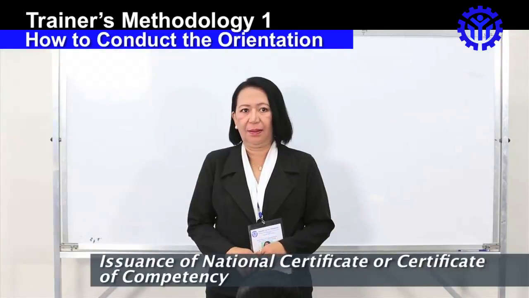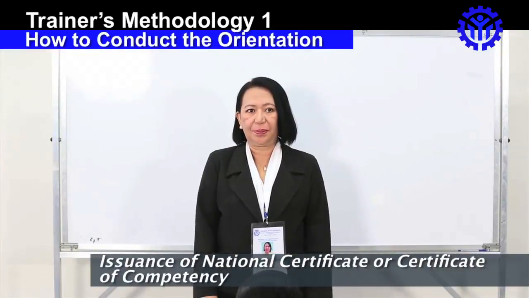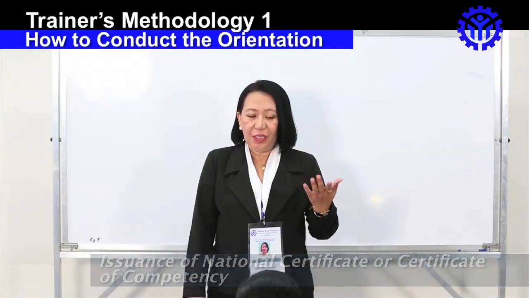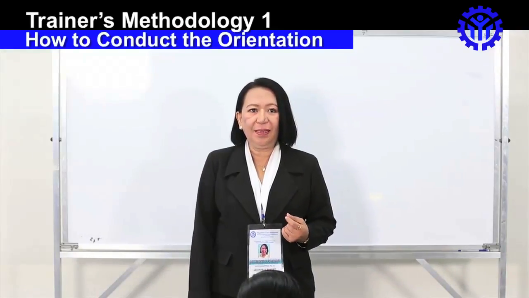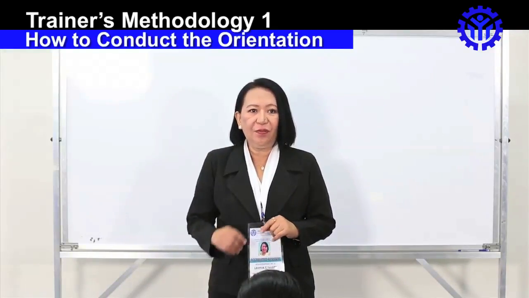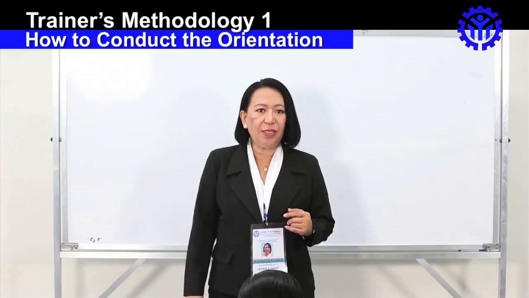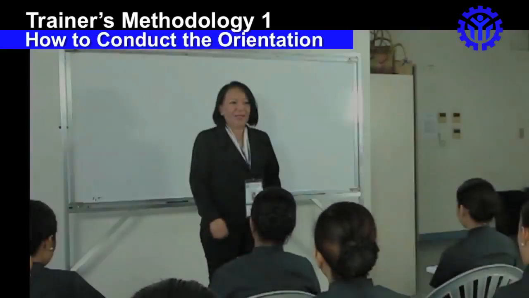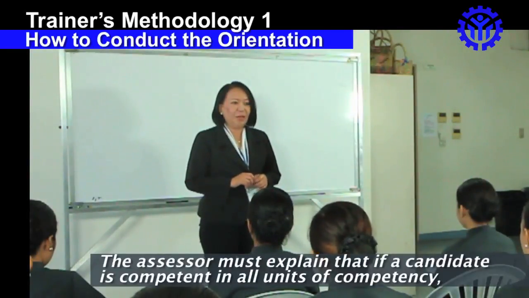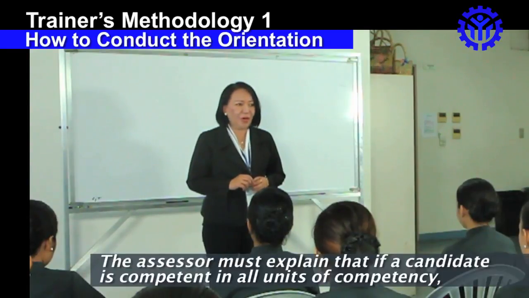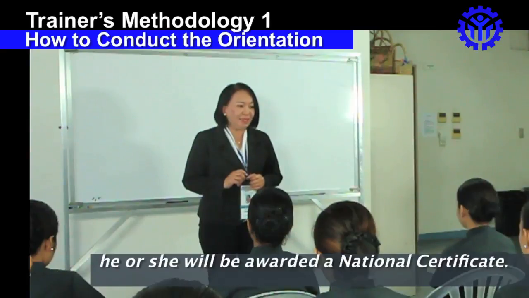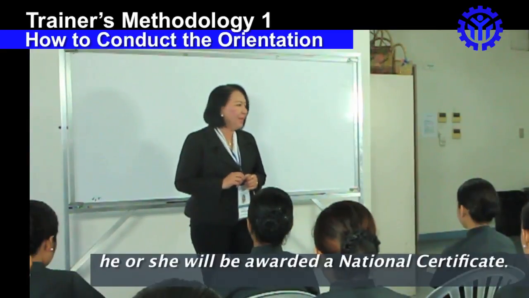Issuance of national certificate or certificate of competency. For the issuance of the national certificate, the AC manager shall inform you where you can claim your national certificate. The assessor must explain that if a candidate is competent in all units of competency, he or she will be awarded a national certificate.